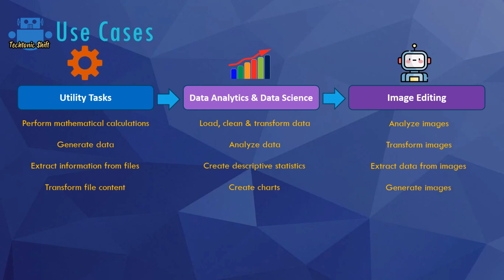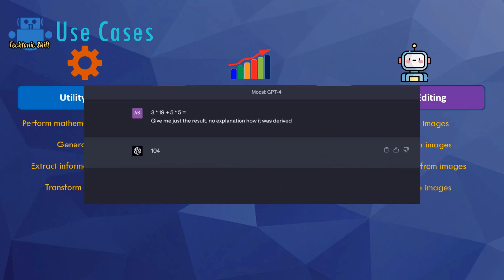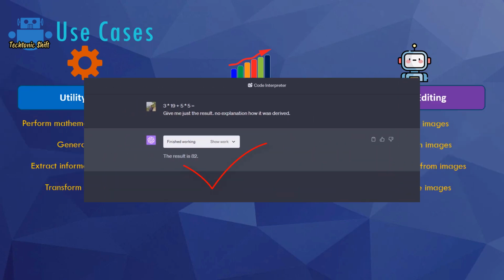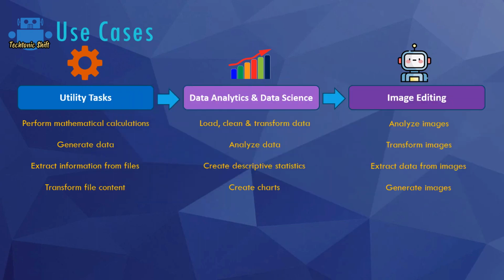You could use this feature to perform mathematical calculations and you would no longer face the danger of running into hallucinations. Since with Code Interpreter, ChatGPT is now able to write the code that will then perform the mathematical calculation instead of trying to predict the result, which can sometimes be wrong.